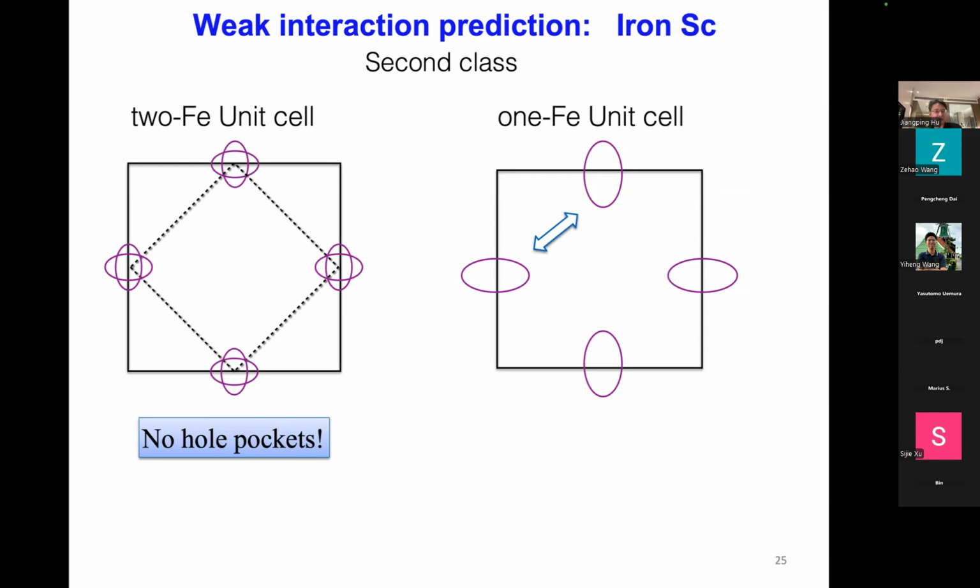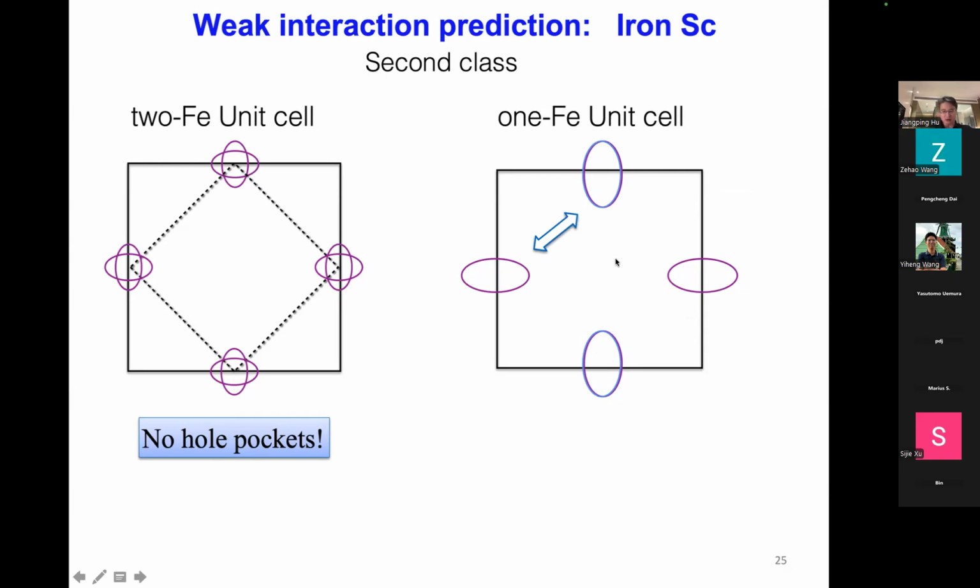If you use simple theoretical models, you can fold out the pocket, and in the one-iron unit cell it looks like this. Okay, so one way you argue is that if you use the one-iron unit cell, these two electron pockets can interact with each other, right? That will drive these two electron pockets to have different signs.